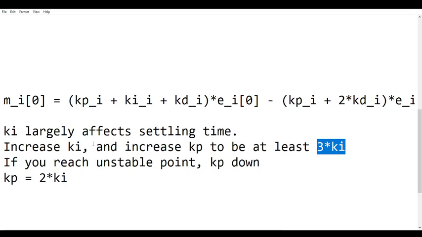The KI could make it unstable, the KP could make it unstable, but the entire system is more sensitive to the KP than it is to the KI in terms of instability. In terms of speed, it's more sensitive to the KI than to the KP. I know that's weird. Theoretically it should be the other way around, but it's the way it is.